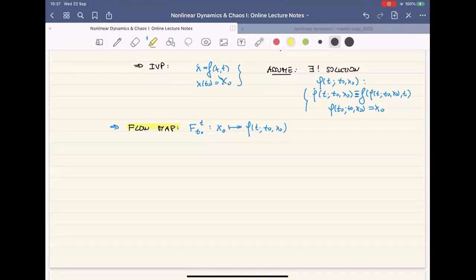So the mapping that maps the initial point of that trajectory to the end, inspired by that, is called the flow map. But it is a mapping because it's not just applicable to that one initial condition, but it's defined for all of them, right? But it comes with two times. There's a window for which this is defined, the initial time and the end time. This is now what we would consider to be the evolution rule.